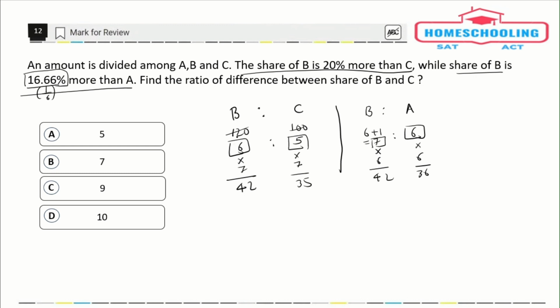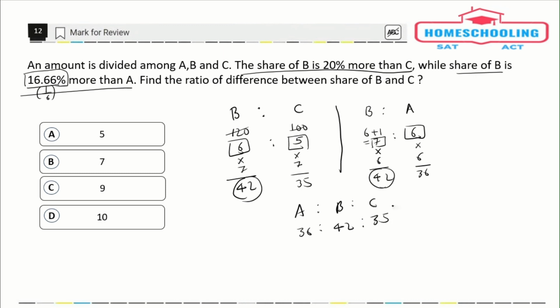So here we have equated B in both the ratios. Now we can write the ratio of A to B to C. A is 49, as we have equated B in both the statements, B is 42, and C is 35.